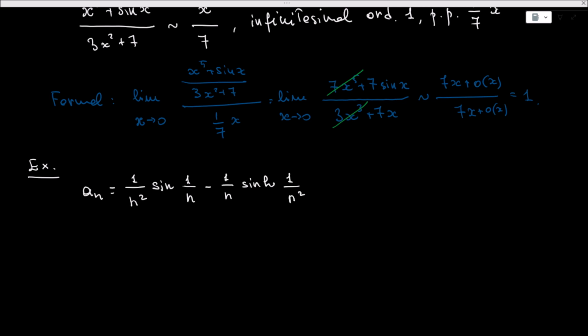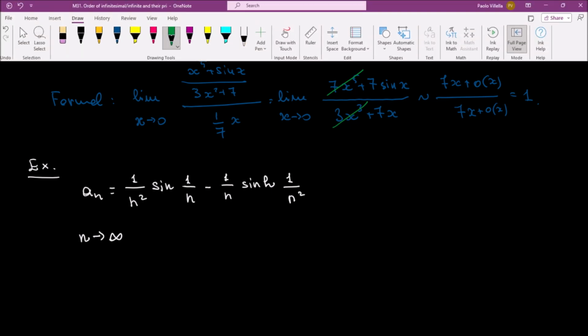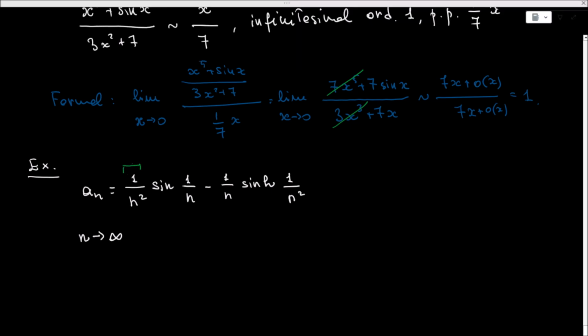Now, it's not difficult to see, when n goes to infinity, that 1 over n squared will go to 0, and sine of 1 over n will go to 1 over n, which again will go to 0.